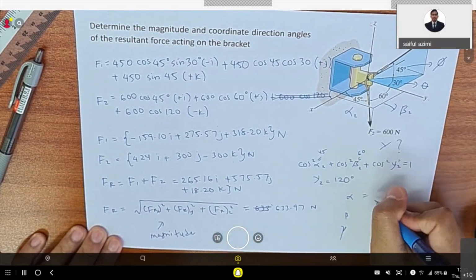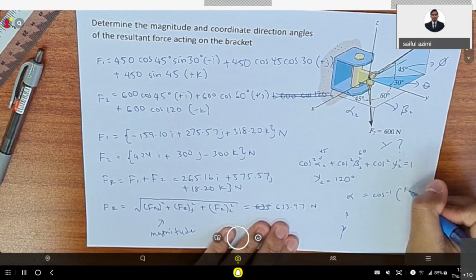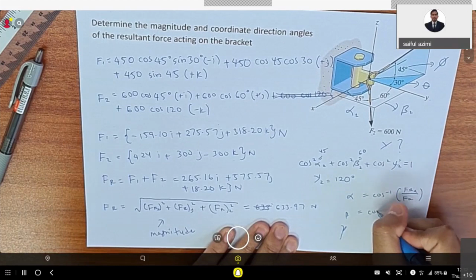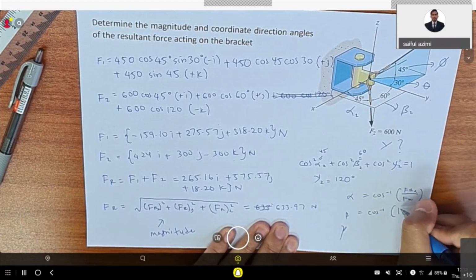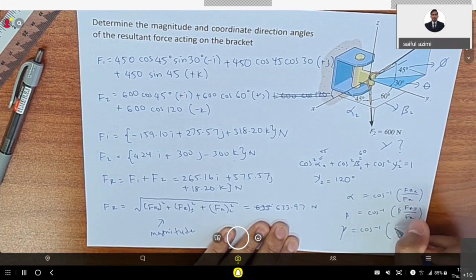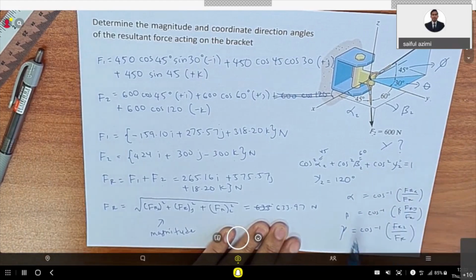Alpha equals cos inverse of Frx over Fr. Beta equals cos inverse of Fry over Fr. And gamma is cos inverse of Frz over Fr. So by using this formula, you can get the value of alpha, beta, and also gamma.